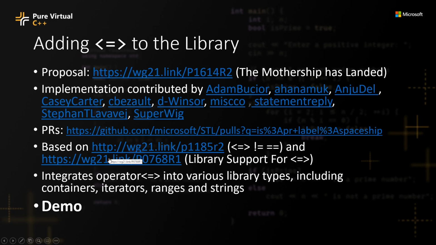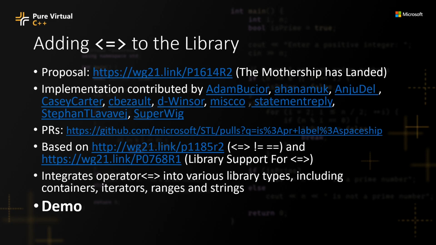All of those have been implemented. Some of those are libraries, others are language or compiler features, and all of those have been implemented by MSVC. The one I'm going to demo today is P1614, which calls for supporting the Spaceship Operator in the library types, such as containers, strings, and ranges.